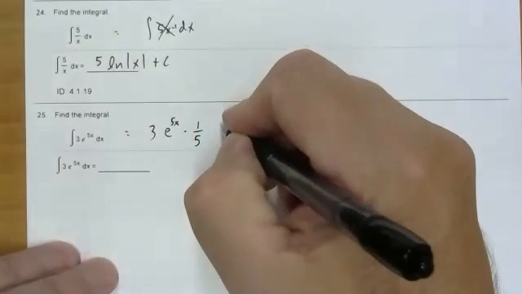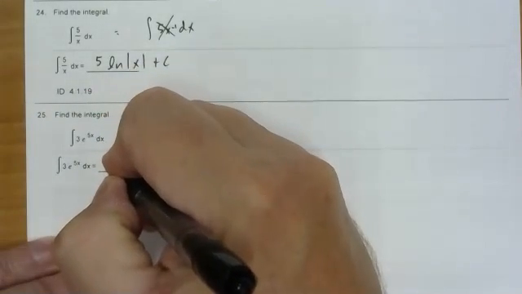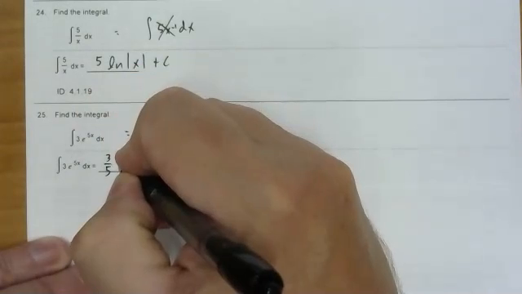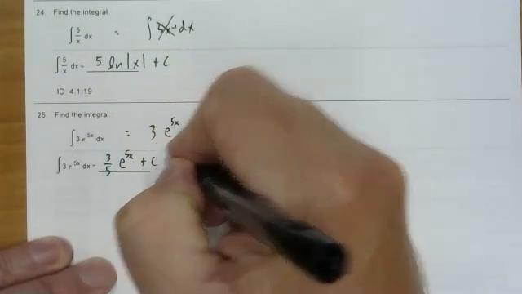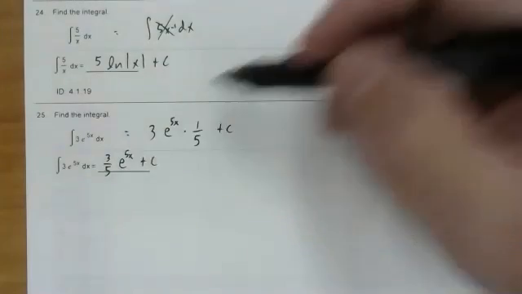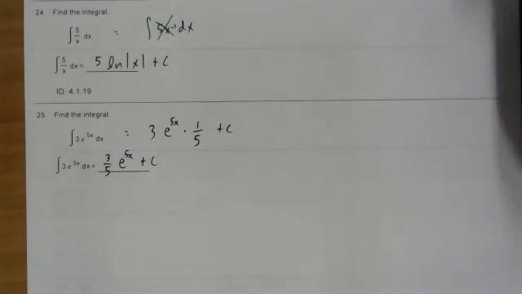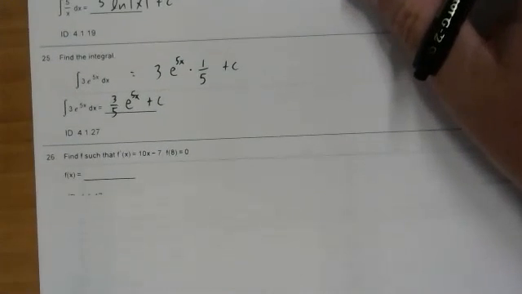So by the time, and of course the plus c, by the time you simplify it, you have 3/5 e to the 5x plus c. All right, so these are just basically knowing some of the basic rules of how to integrate.